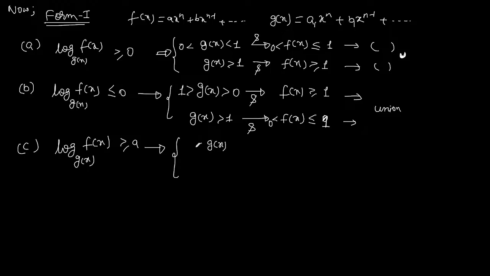Gx is between 0 to 1, we'll get fx less than equal to gx to the power a, and this is bigger than 0. We'll get some x value from here, we'll get some x value from here, we'll do AND with both and we'll get some value here.